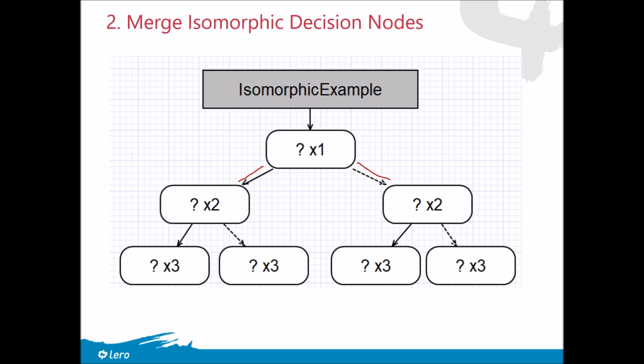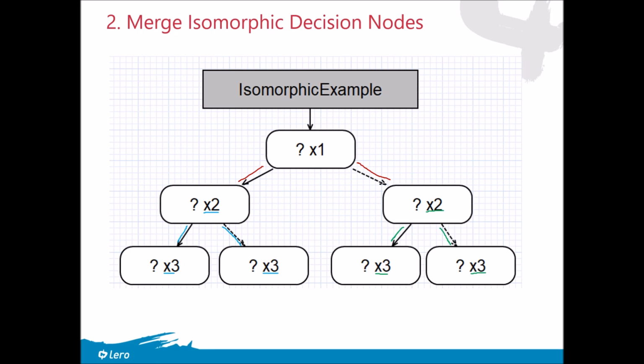Now we'll take the left x2. Its high pointer goes down to x3, and its low pointer goes down to x3. Also on the right, we have x2, whose high pointer also goes to x3, and low pointer goes to x3.